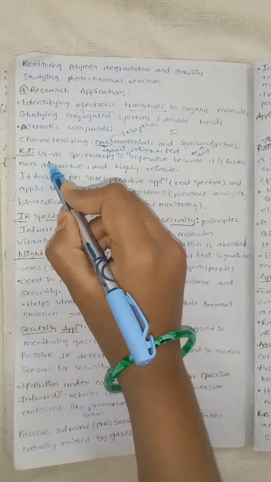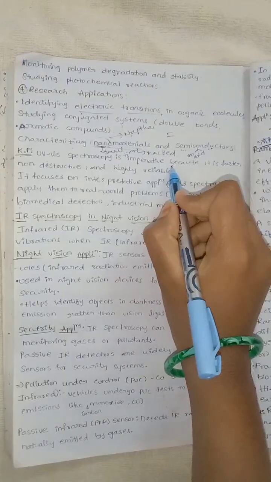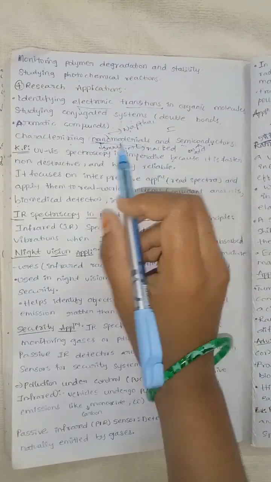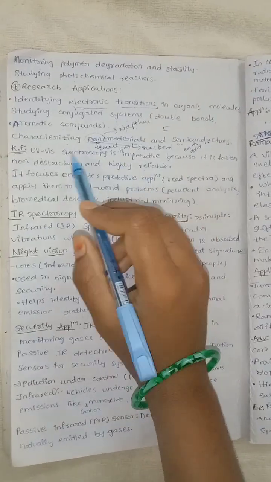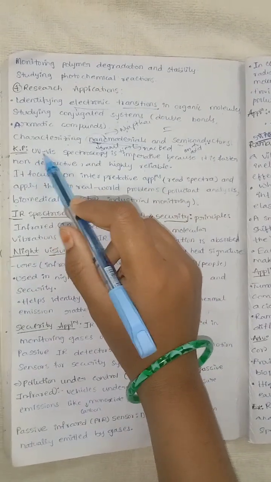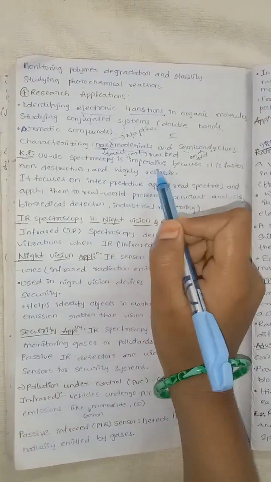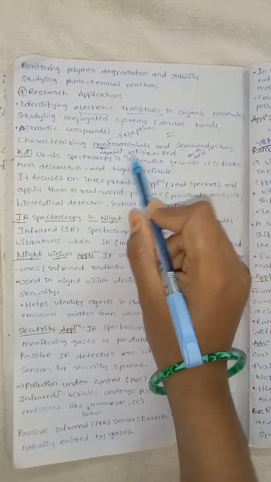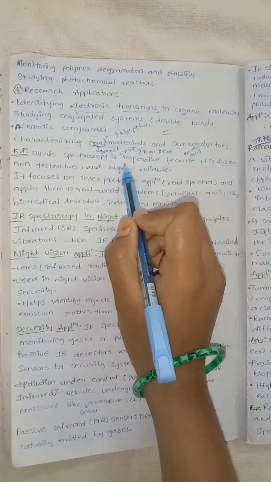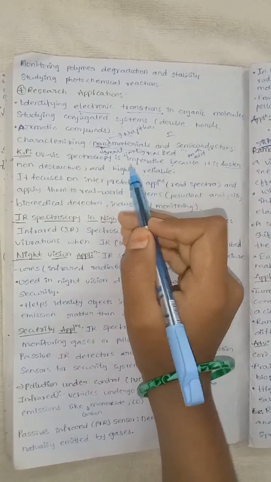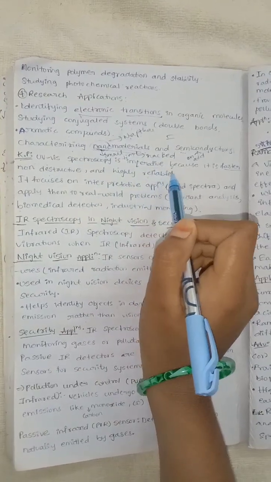Key concepts: ultraviolet-visible spectroscopy is imperative because it is fast, non-destructive, and highly reliable. It does not disturb the other components while doing the process, and it is highly reliable in nature.